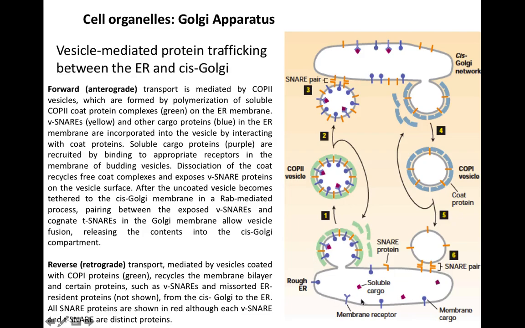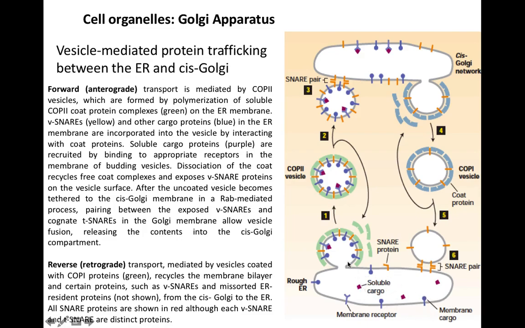So this is the rough endoplasmic reticulum, and as you can see, there are two types of proteins. There are soluble proteins. These are cargo, meaning these proteins need to be transported somewhere, and then there are other proteins which are associated with some sort of membrane, transmembrane protein, or some sort of receptor. So they're either soluble cargos or membrane cargos.